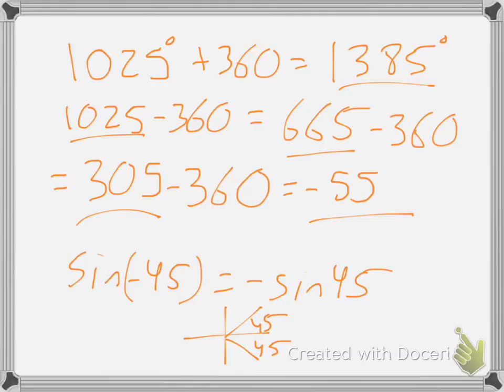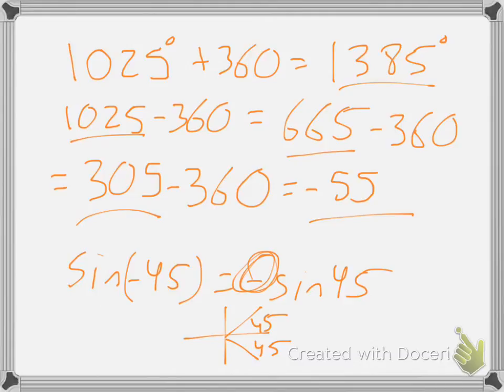But why is sine of negative 45 equal to negative sine of 45? Why all of a sudden does this negative come out front? Why is it even there? Which quadrant are we in? 4. Sine is what in quadrant 4? Negative.